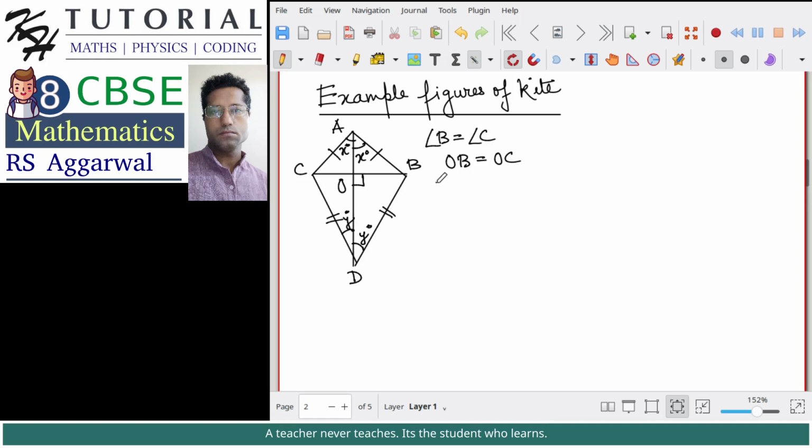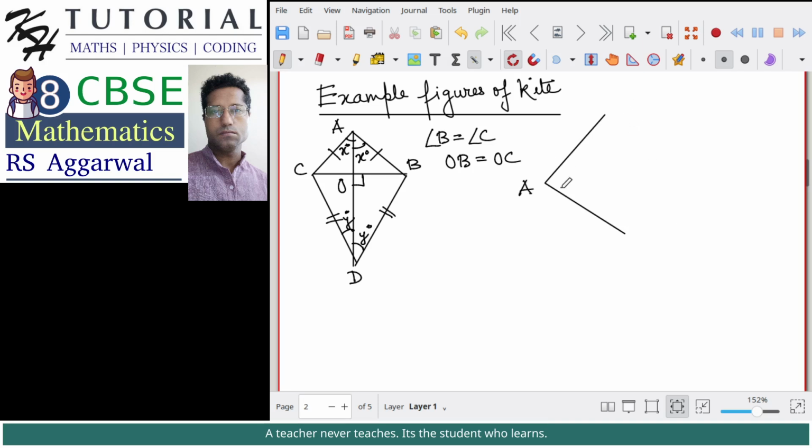So we have this. Let's draw another kite. Let's say this is one pair of adjacent sides, and let's say the other.